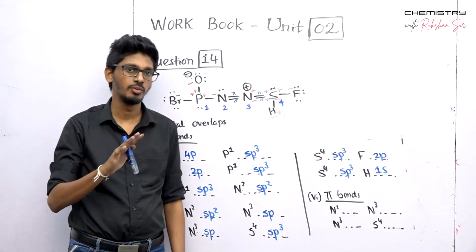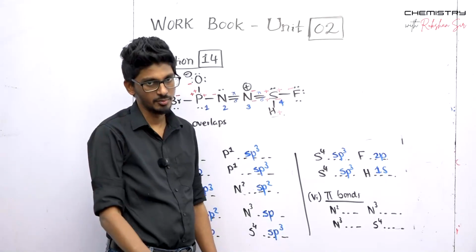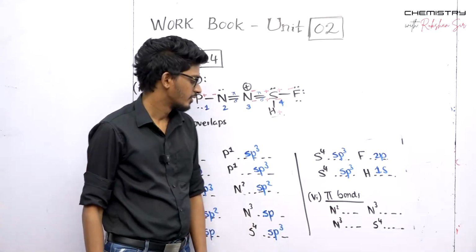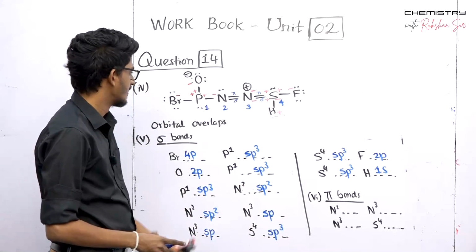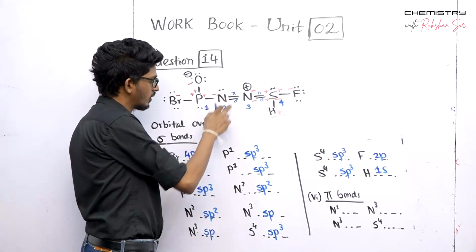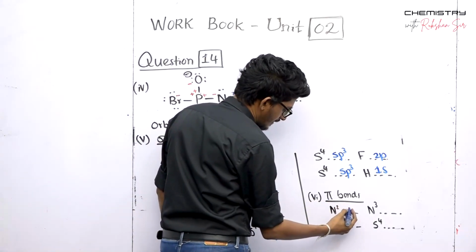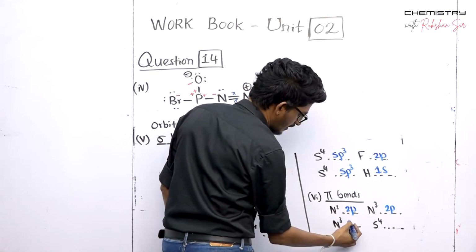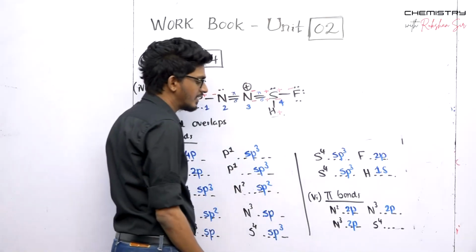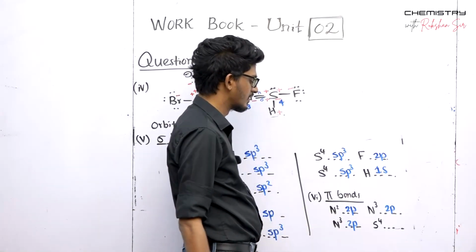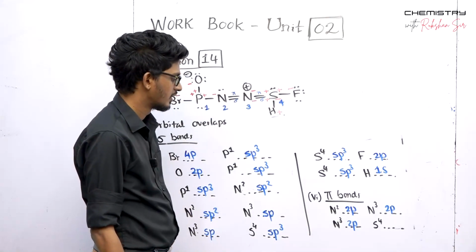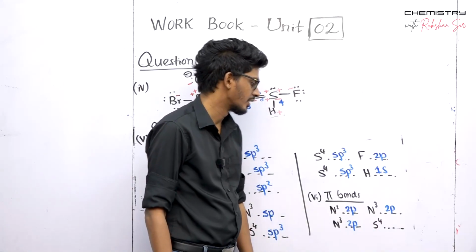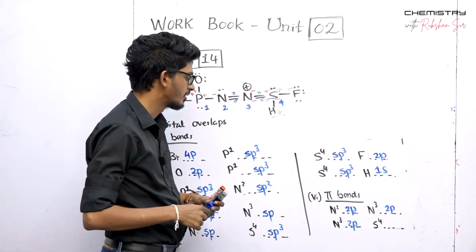You can't use the s orbitals or the hybrid orbitals for the pi bonds. So N2 is this. With second row orbitals, the 2p orbitals are used for the pi bond, because d orbitals are not available with the second row.